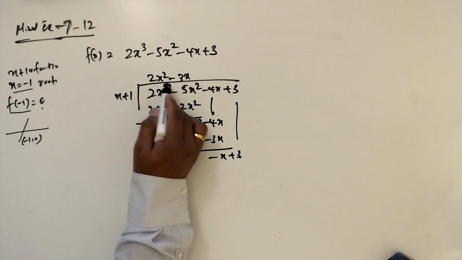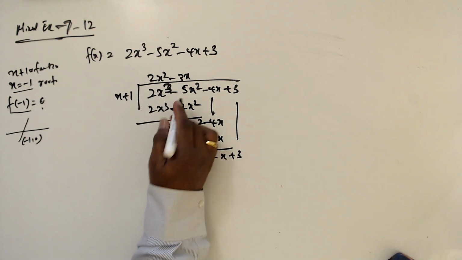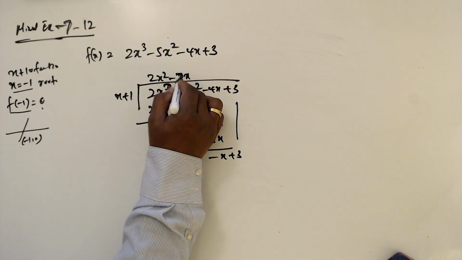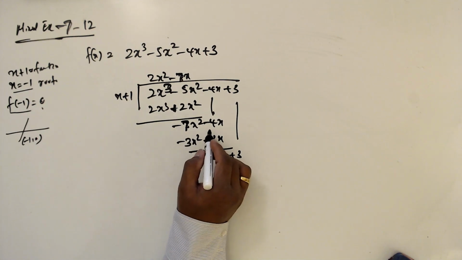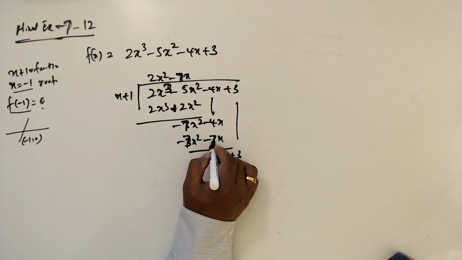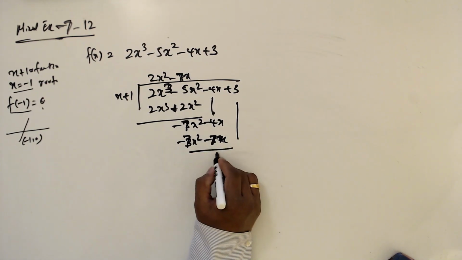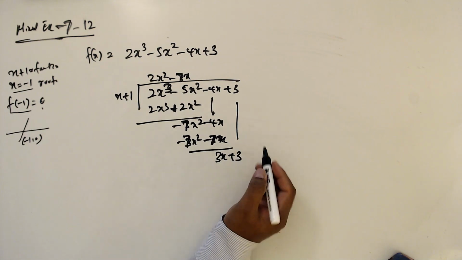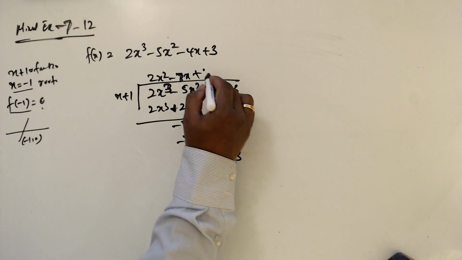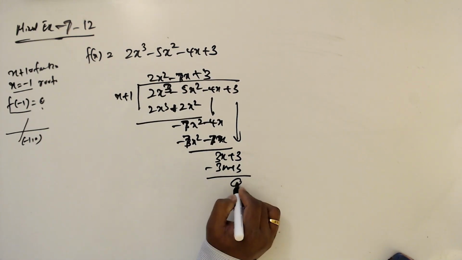This has to be minus 7. Then minus 7x squared minus 7x. So this is going to be plus 3x plus 3. Then this is going to be plus 3. Then 3 times x plus 1 is 3x plus 3, minus, giving 0.